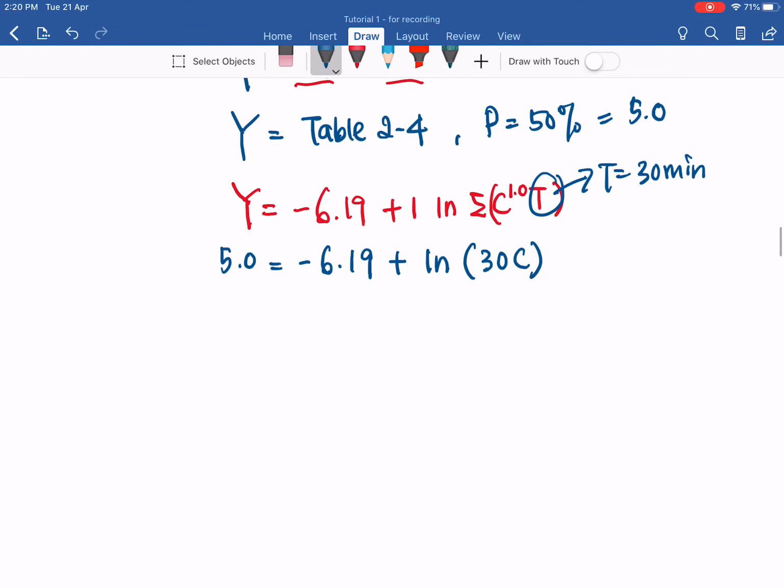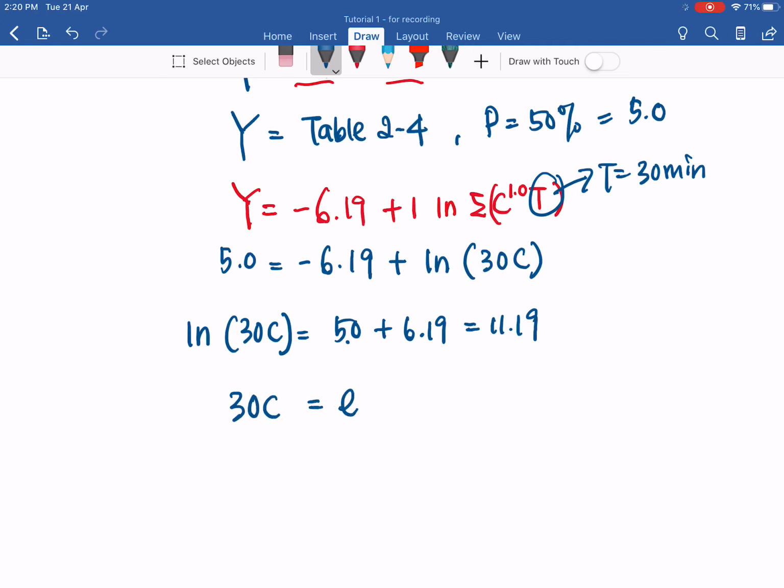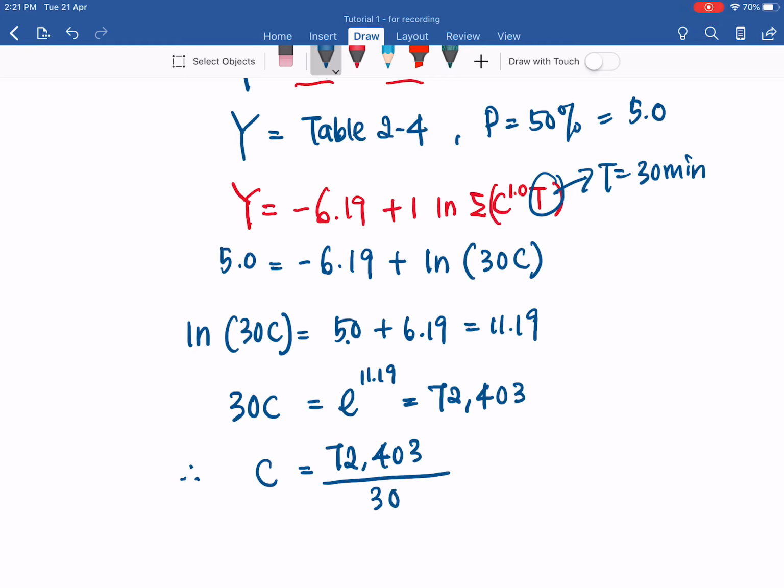When we rearrange this formula, you get ln 30C equals 5.0 plus 6.19, which is 11.19. So when we move this, 30C equals e to the power of 11.19. If you put it in your calculator, you will get something like 72,403. Therefore, your concentration of exposure is 72,403 divided by 30.